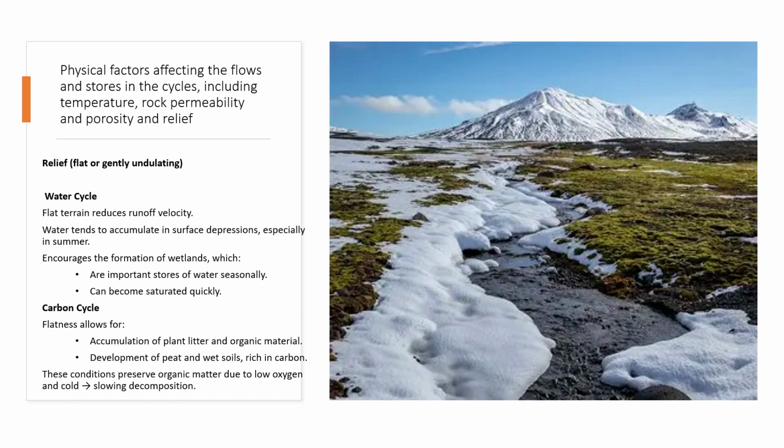Relief on the whole tends to be quite flat, but these areas, these tundra areas or periglacial areas, are right next to glaciated areas, so you will often see them next to mountains like you do in this picture. That flat relief that we have helps influence this boggy environment we just talked about. As that active layer melts, the water can't drain away because the land's quite flat, so it develops this boggy environment.